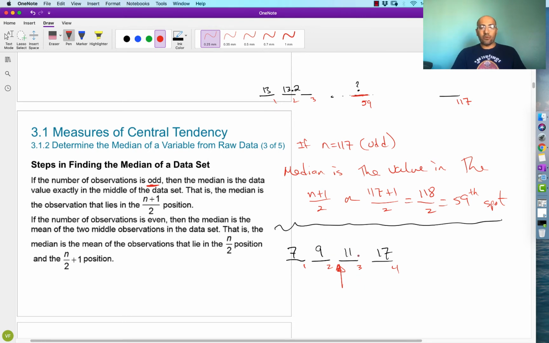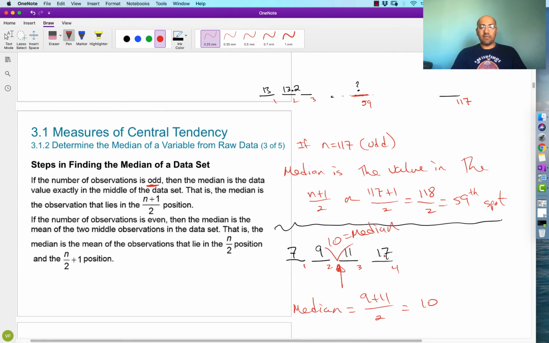So what I have to do is find the mean of these 2 values. The median is going to be equal to 9 plus 11 divided by 2, which equals 10, right? The 10 will be my median.